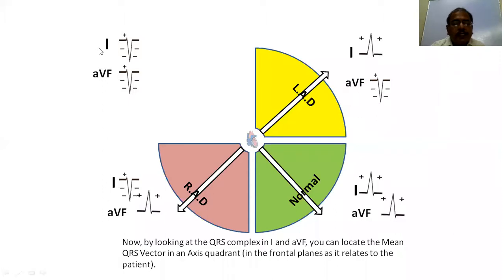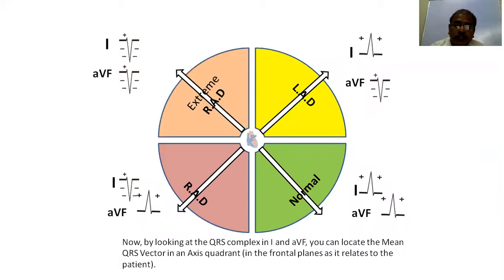Now, if lead 1 is negative and AVF is negative, then this axis will be in the right upper quadrant. So this is known as extreme right axis deviation. So this is all about your quadrant approach. That means you have 4 quadrants. One quadrant is your normal quadrant, one for left axis deviation, one for right axis deviation, and the remaining one for extreme right axis deviation.